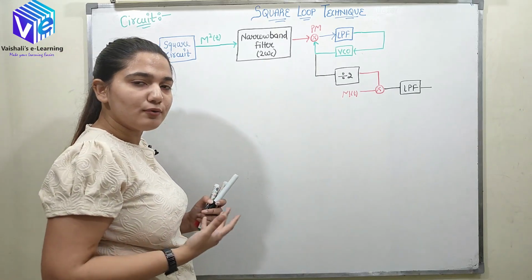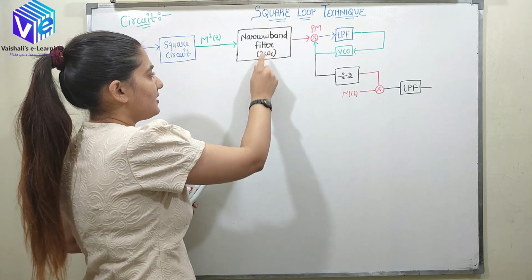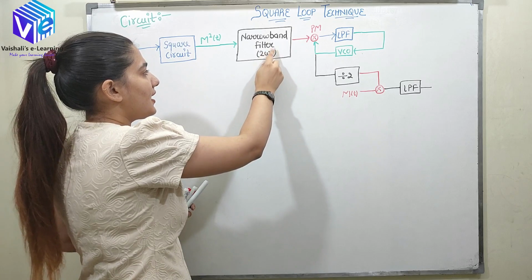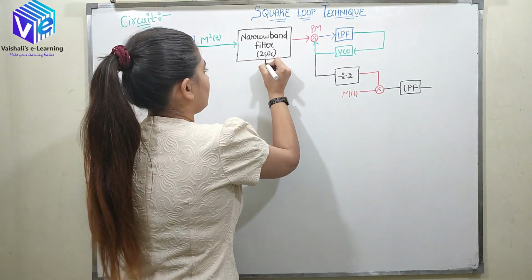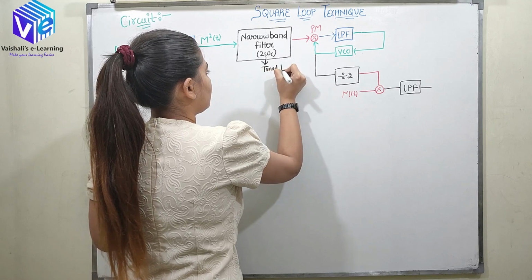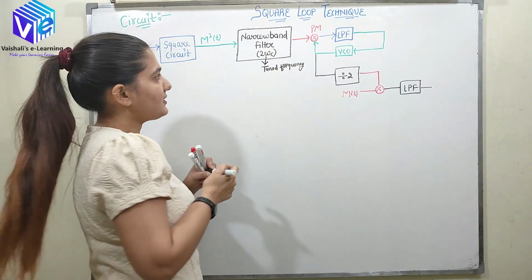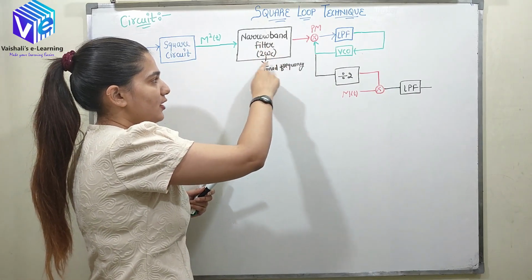I hope you know what a narrow band filter is. Its band is very limited and it is used to extract the information only around a specific frequency. So 2 omega C is the tuned frequency, and it is used to extract the information around 2 omega C.